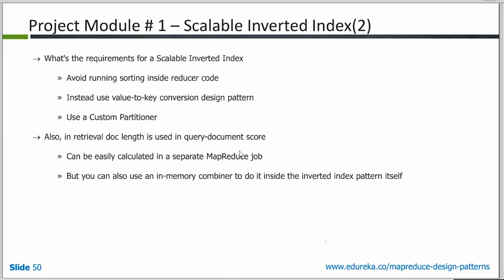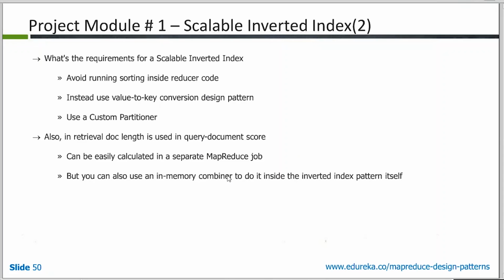Let's see how we'll solve that. What's the requirement for a scalable inverted index? Avoid running sorting inside the code. Instead, we'll use another design pattern, the value to key conversion design pattern.